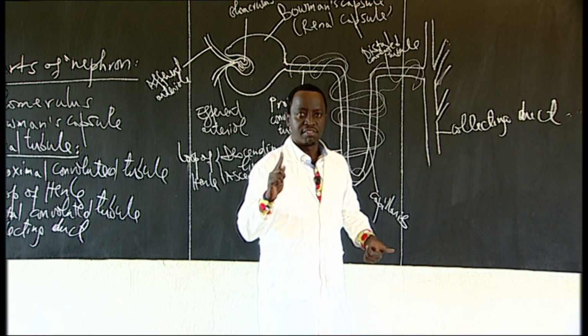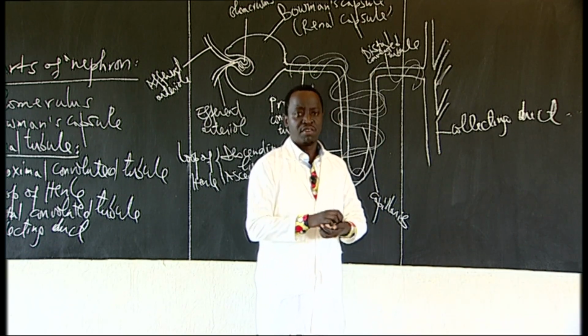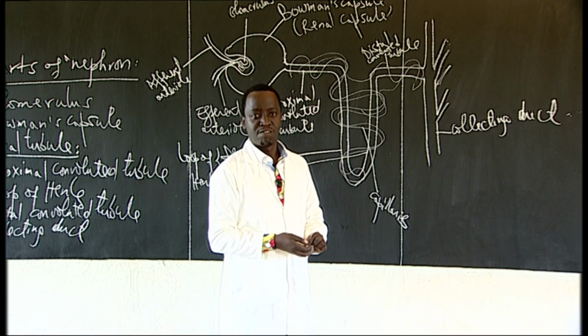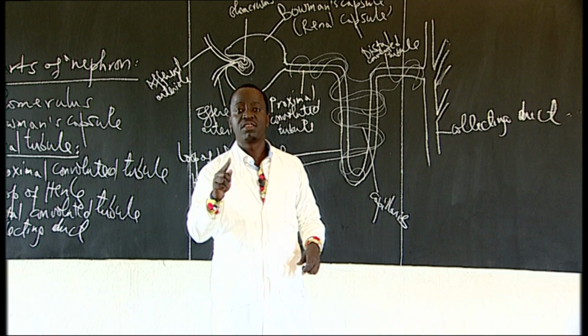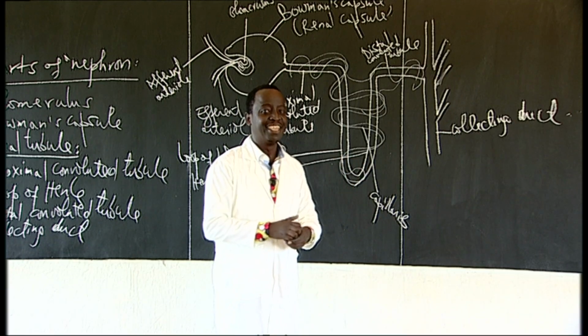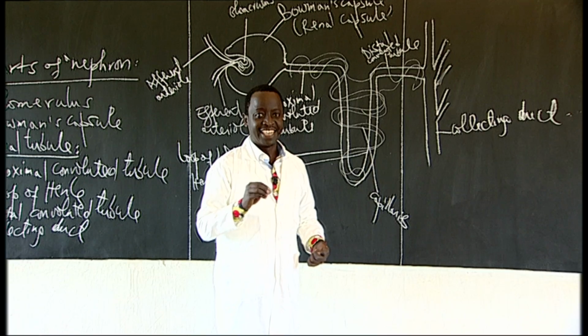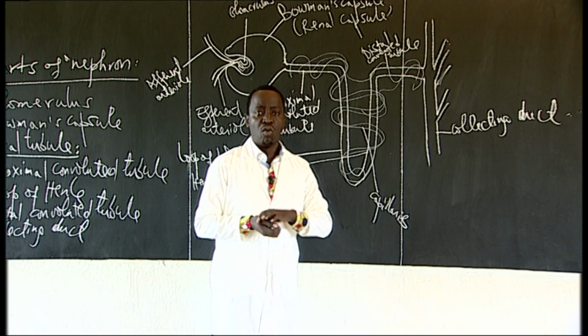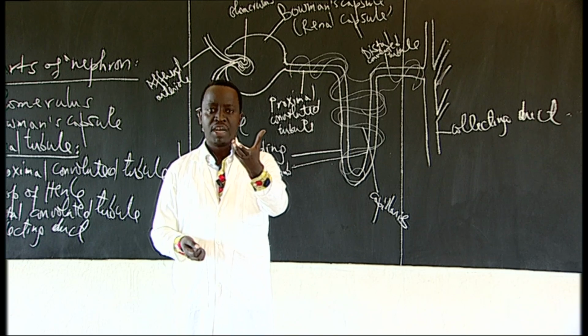My friends, pay attention, follow. Because for urine formation to occur, we need this nephron. So you will follow, then you will get something. Are you understanding this structure of the nephron? What do you understand about the nephron?